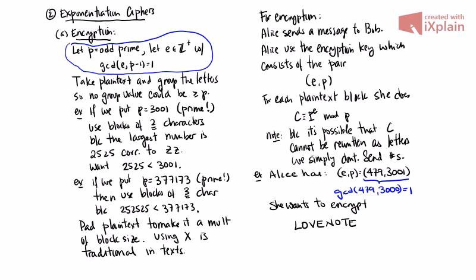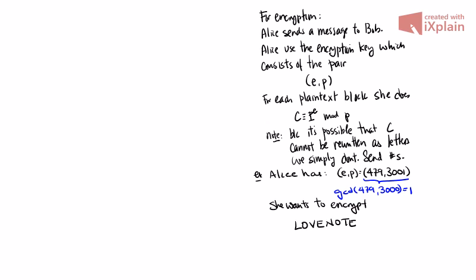The first thing that she does is she divides this up into 2 character chunks because her prime 3001 is big enough that 2525 would fit. So she'll divide it up into 2s. So here's the process. She divides it into 2 character blocks.